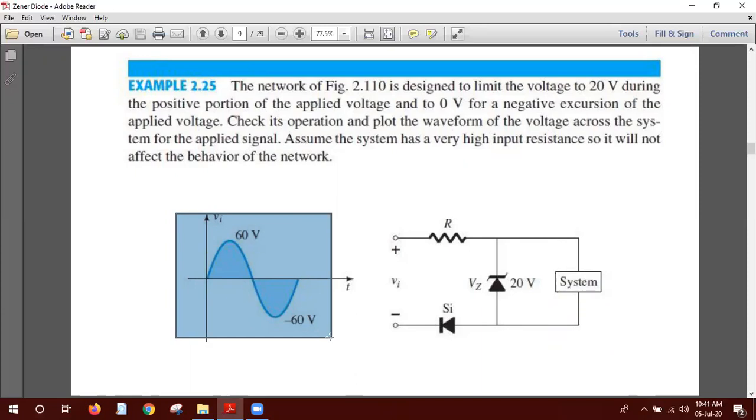We were told that in the positive cycle the output should not cross 20 volt, and in the negative cycle it should be at 0 volt. Let's see how this is maintained using a Zener diode.